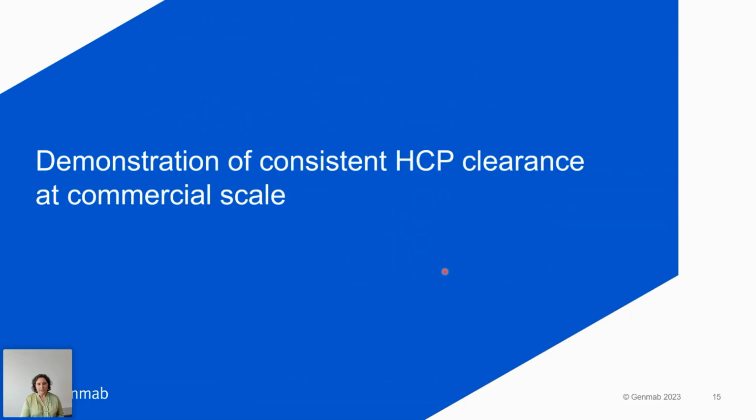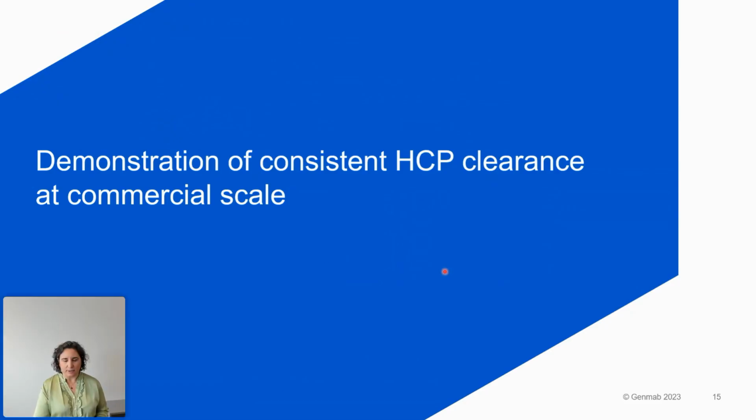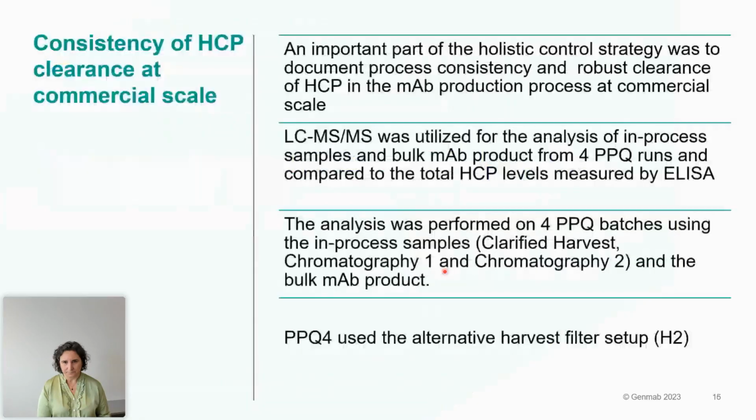Another way we can gain knowledge about the HCPs is to demonstrate consistent HCP clearance at commercial scale. That's one of the most traditional holistic control strategies, to show clearance through the process, and this is normally shown in the impurity section of the filing.